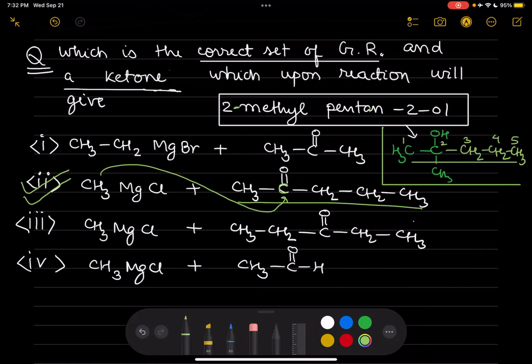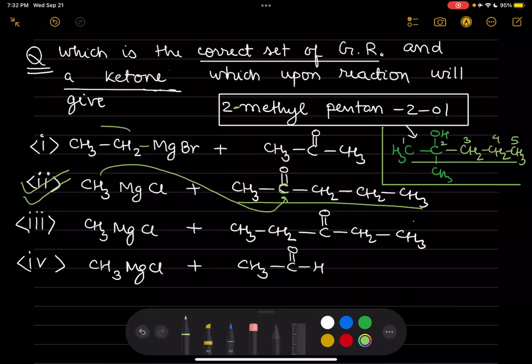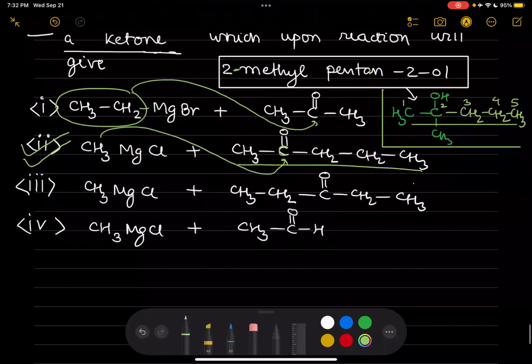No, because in the first option, the ethyl is going to come and join in over here. So it is going to be CH3, C, CH3, and ethyl and OH.